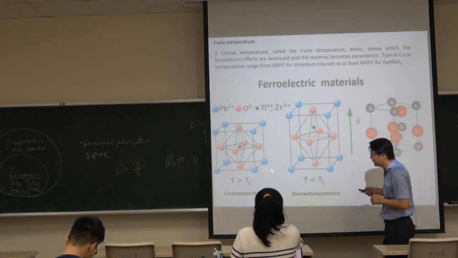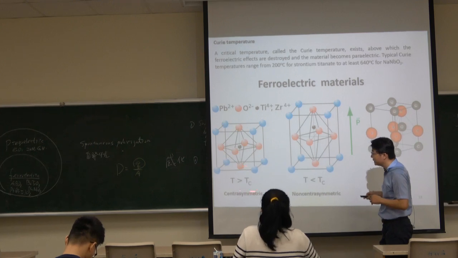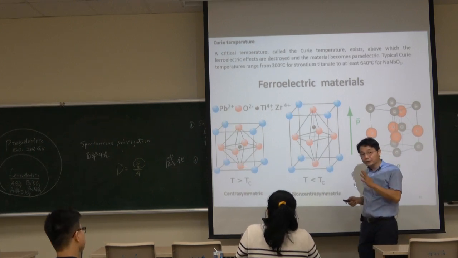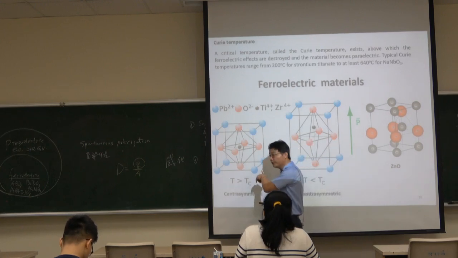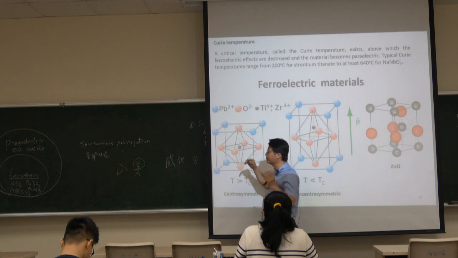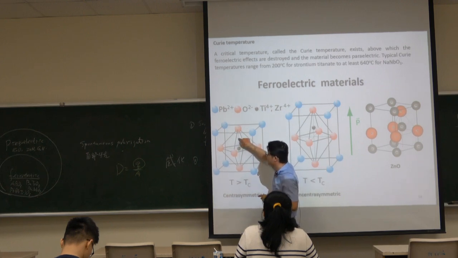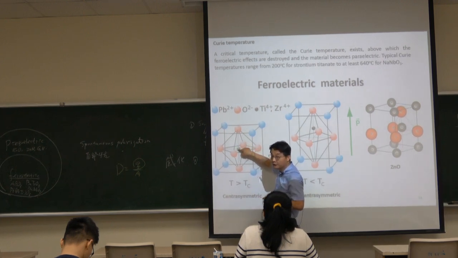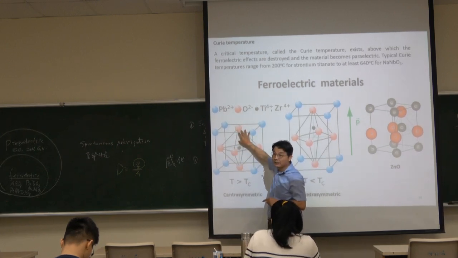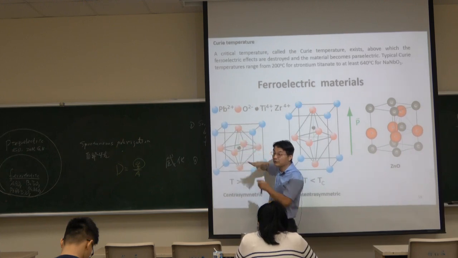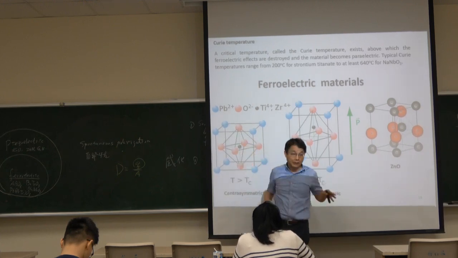So if the Curie temperature is 100 degrees, for example, and you increase the material to 100 degrees, there's no polarization because the titanium and zirconium deviation will shift to the center position. So the distances to the bottom side and the top side will be equal, so no polarization.